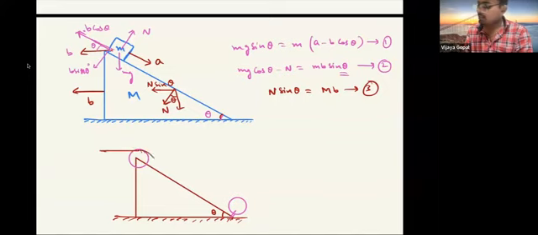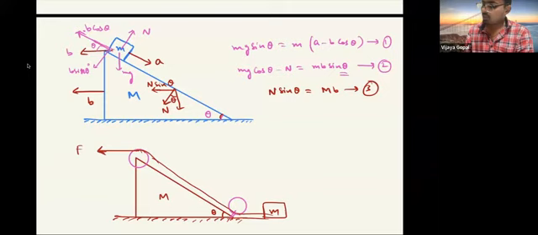There's a thread tied in this way. On top of the ground there is another block of, let's say, small m, capital M, and here I'm applying force F. The question is, find the acceleration of the wedge and find the acceleration of the block.